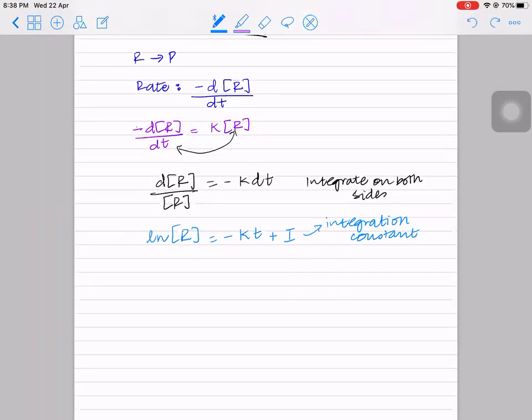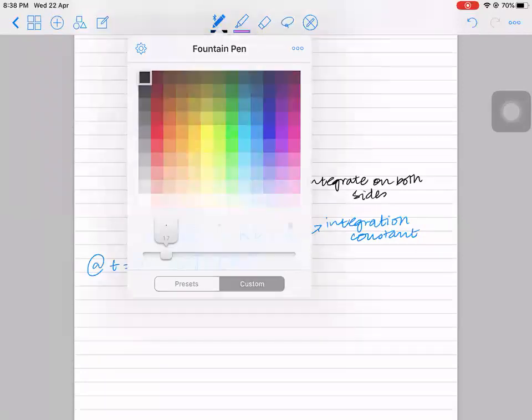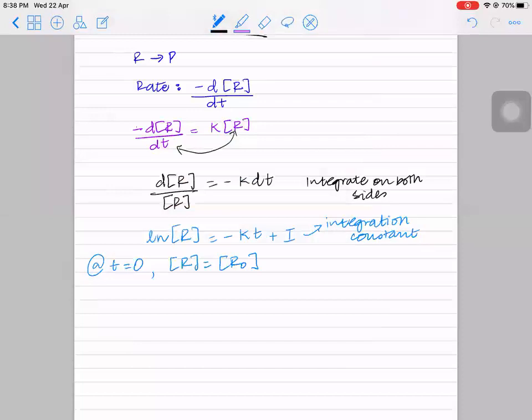Now you have this, so now let's say at t is equal to 0, my R is equal to R naught. Okay, instantaneous rate at t equals 0, so let me say that my reactant concentration at that time was R naught. And I'm going to substitute that value here. So it will basically become ln R naught is equal to minus kt plus I. t you know is 0.